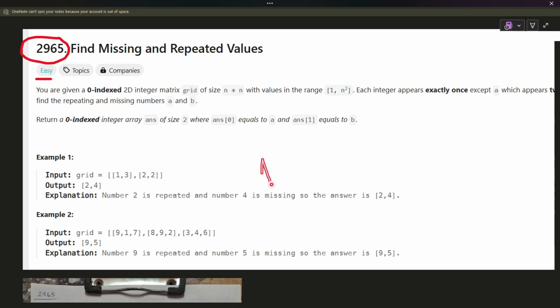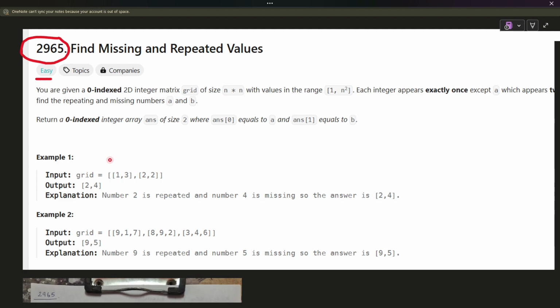So the numbers will be in the range 1 to 4, because it's 1 to n squared and n is 2. We just need to find which number is missing and which number is repeating in this matrix.